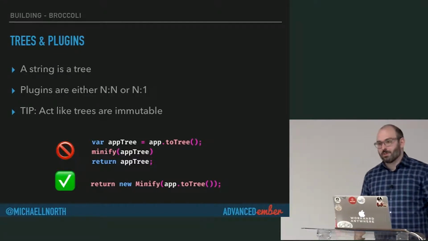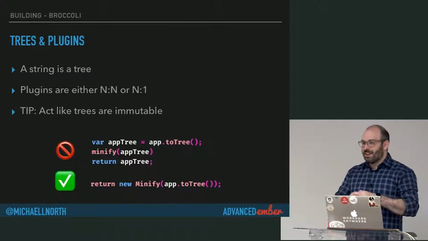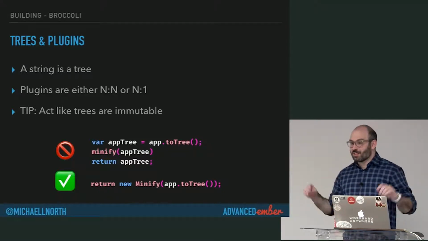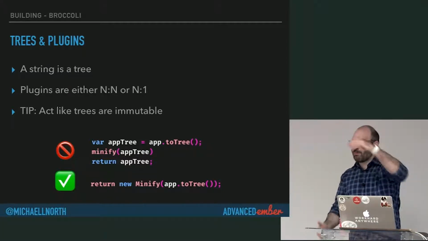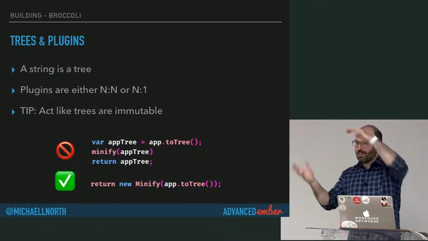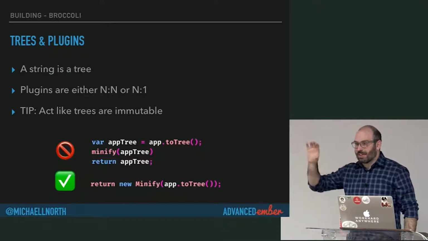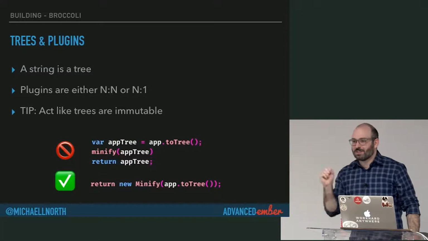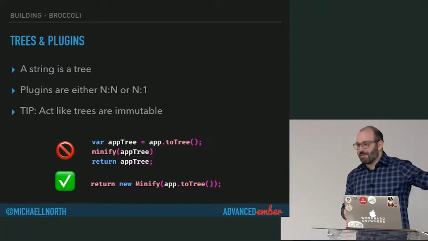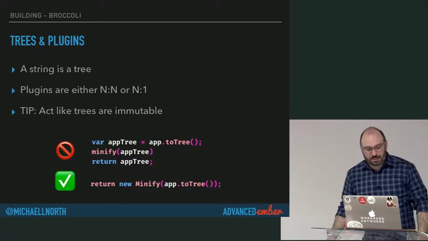A string is also a tree, and that just represents a folder, right? So just the string app is your whole app folder. So you might take app and then pass it into a Broccoli plugin that would filter for only those JavaScript files in whatever you gave me. And so that's how that will progress.